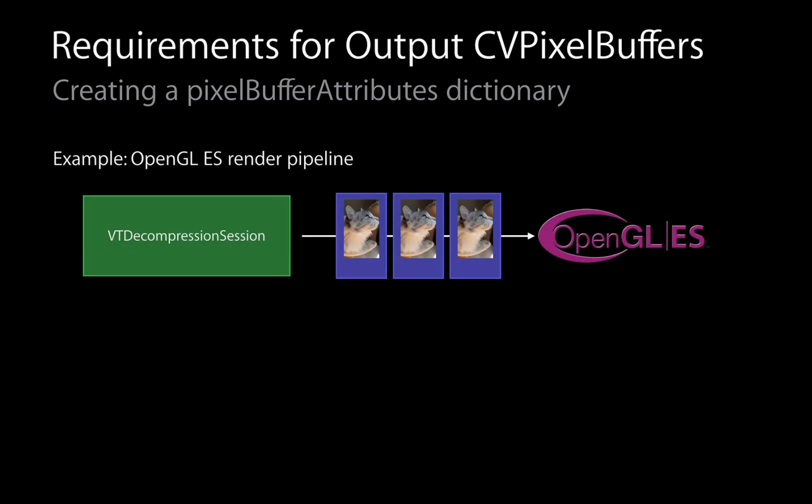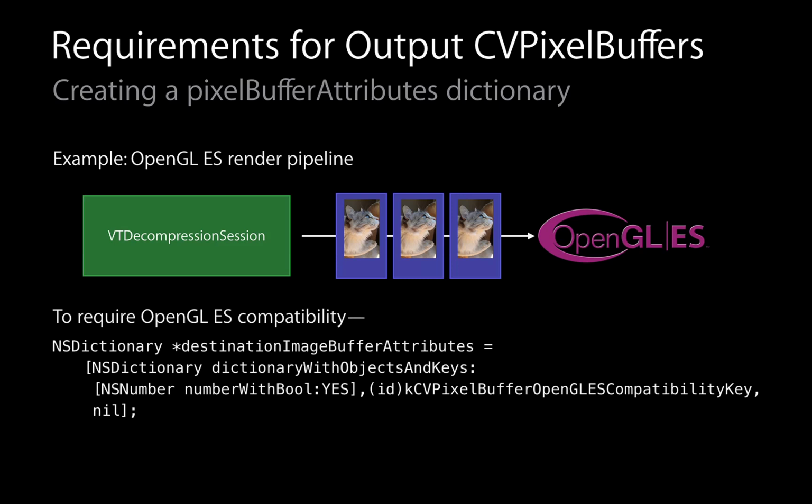So let's look at a scenario where we want to use the output CV pixel buffers in an OpenGLES render pipeline. Really, the only requirement here that we have for our output pixel buffers is that they be OpenGLES compatible. So we can go ahead and just create a CF dictionary or NS dictionary specifying the kCVPixelBufferOpenGLESCompatibilityKey and set it to true.